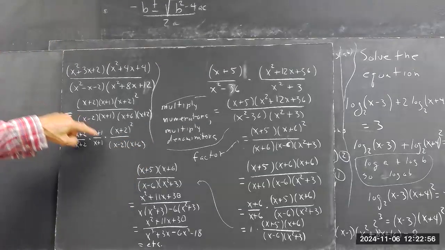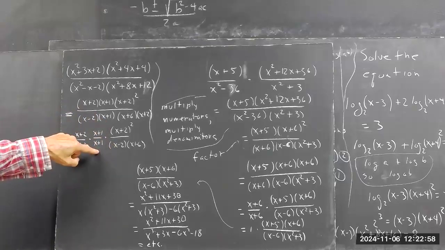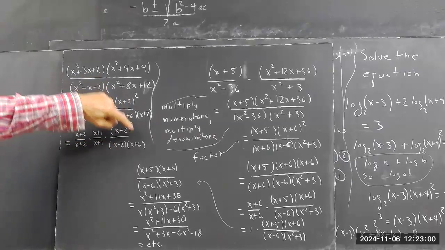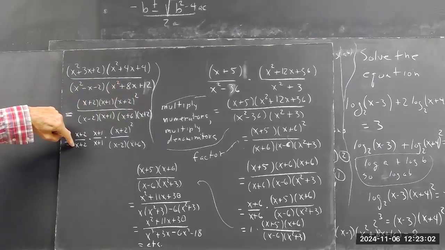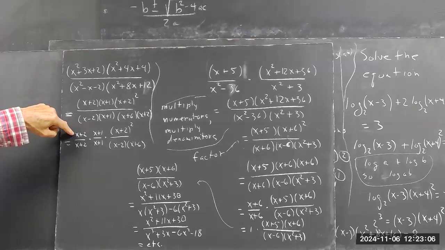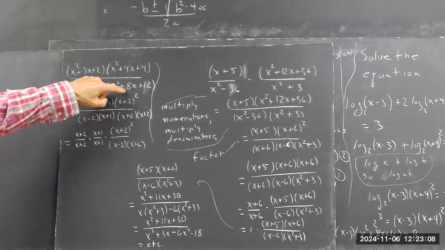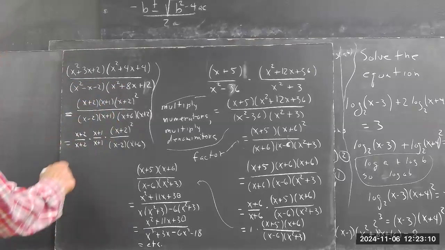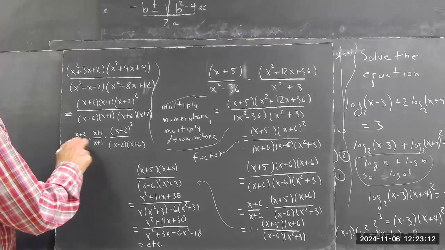We got our x minus 2, there it is. We got our x plus 1, there it is. Got our x plus 6, there it is. Got our x plus 2, there it is. And up here, we got an x plus 2, there it is. We got an x plus 1, there's our x plus 2 squared. And all this is 1.